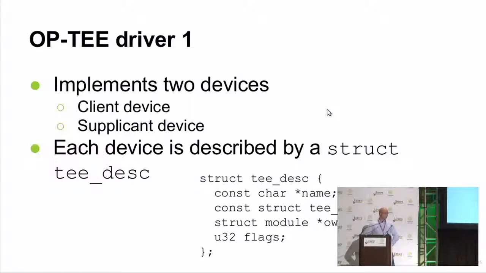So our OPTI driver is implemented as two devices. We have one device that the client connects to, and then we have another device which the TEE supplicant connects to.